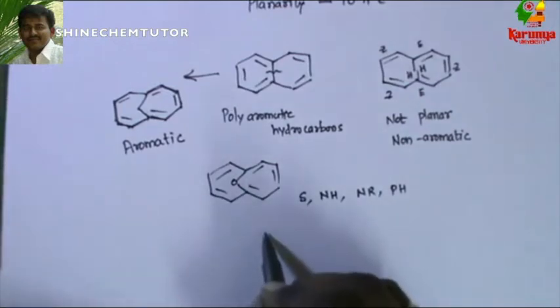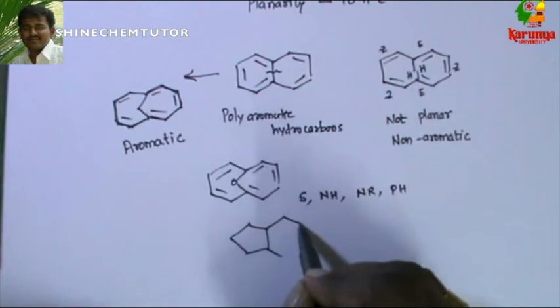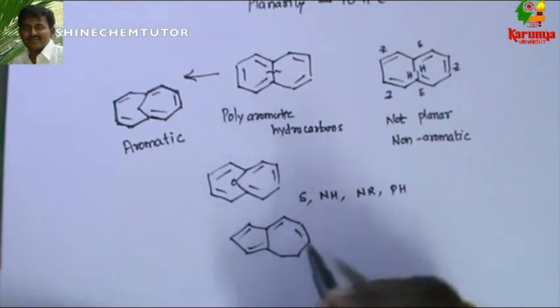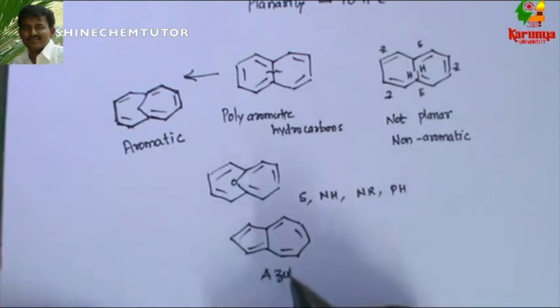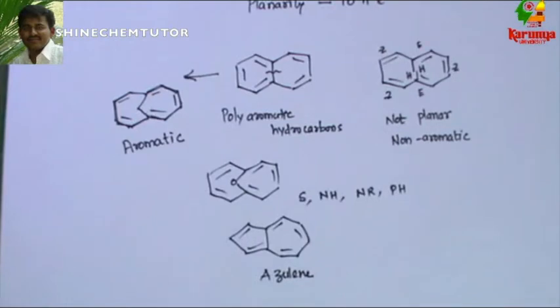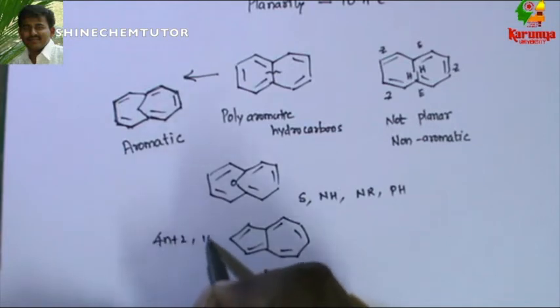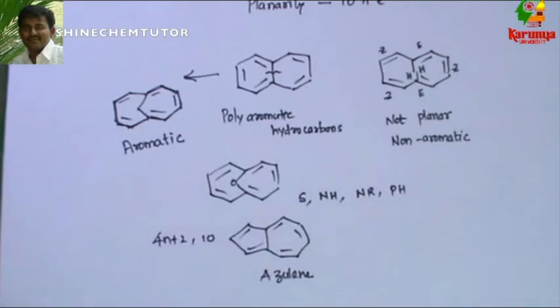Another well-known system is azulene. The number of electrons in this is 4n plus 2, 10 electrons are there, and it is cyclic, it is planar, there is extended conjugation. So it is aromatic.